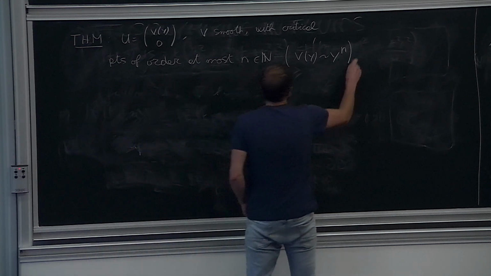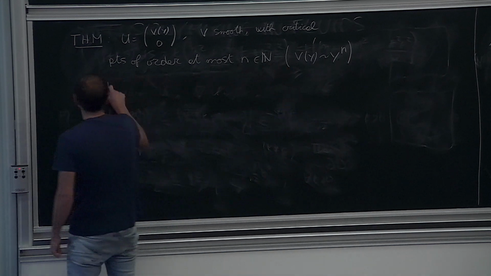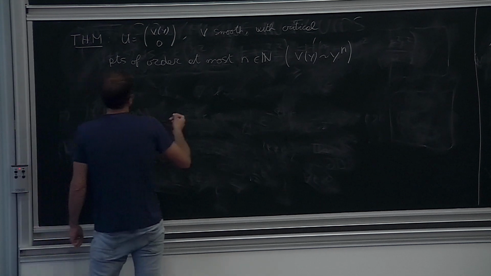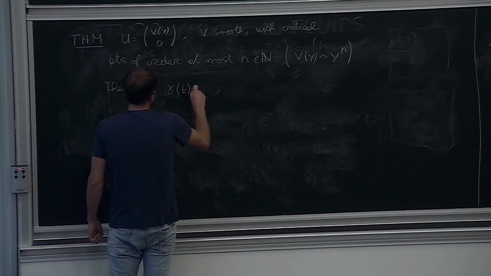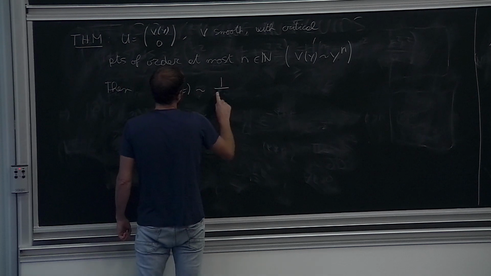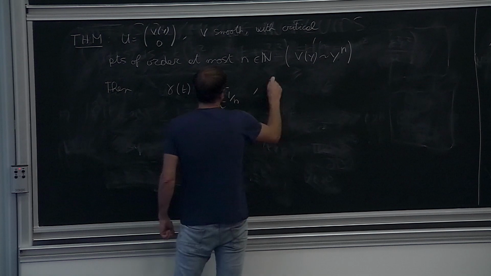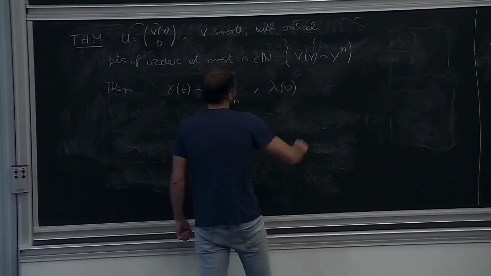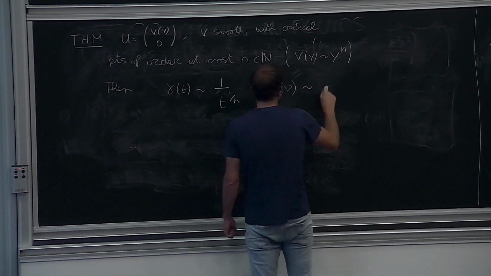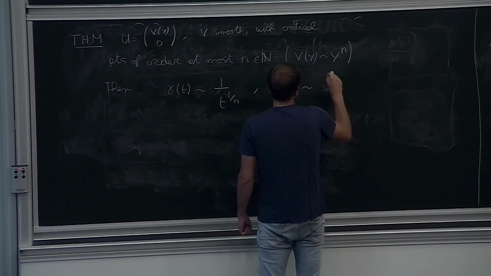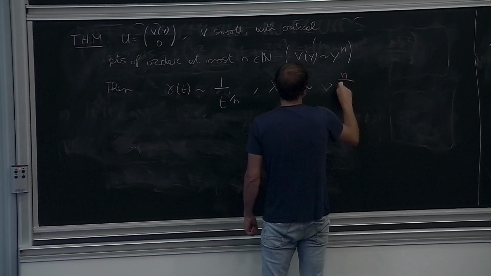So then gamma of t is 1 over t to the 1 over n, and lambda of nu is nu to the n over n plus 2.